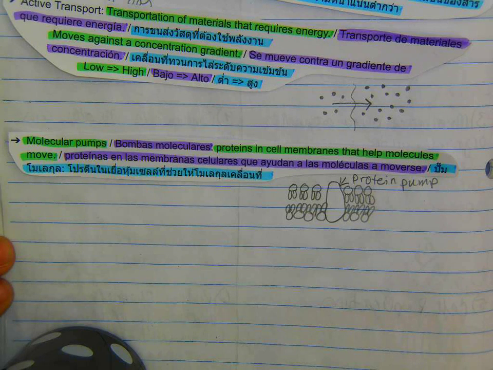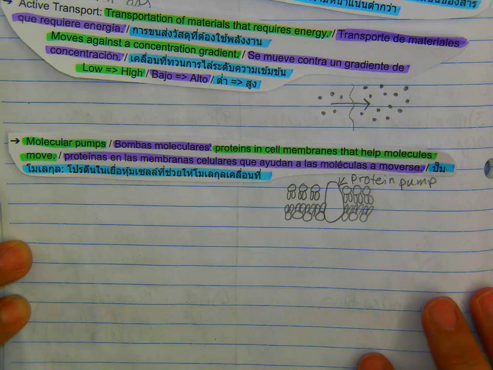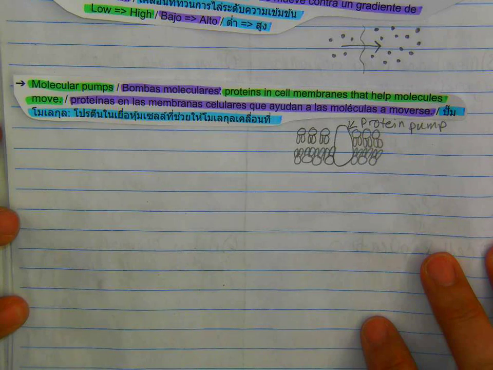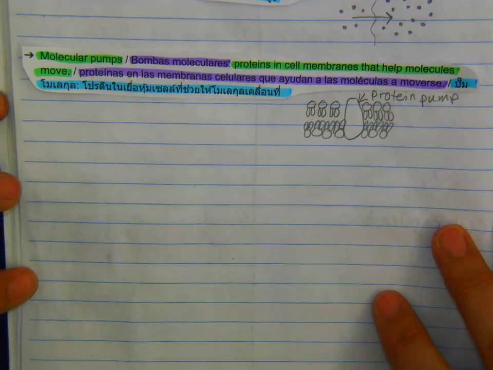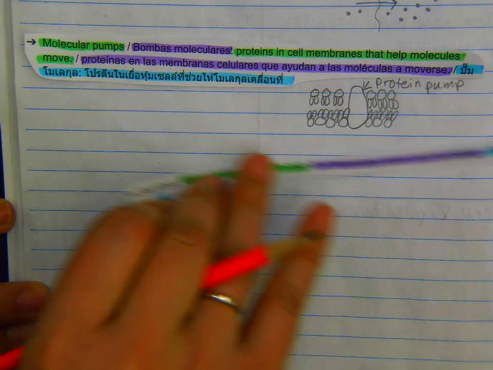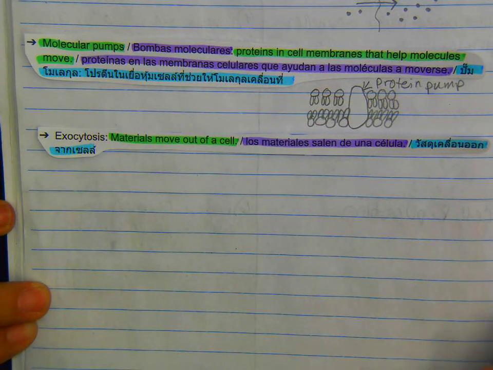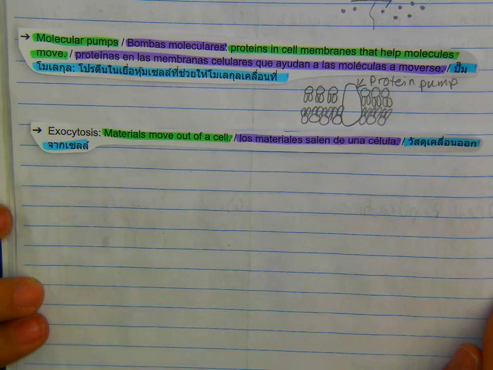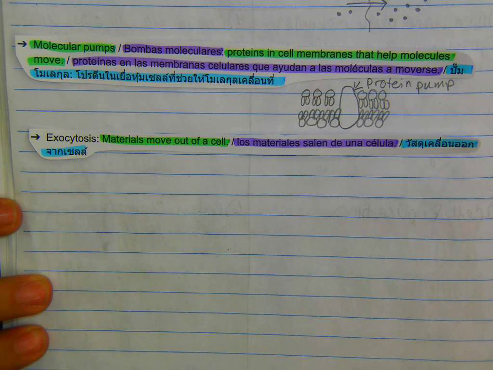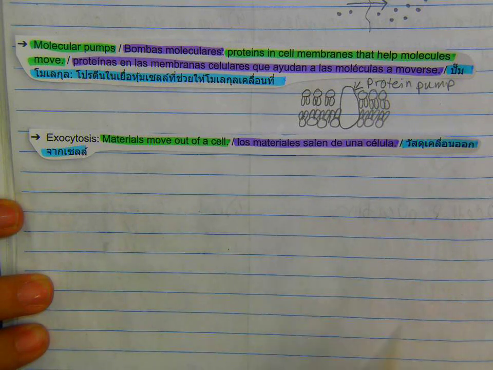Other types of active transport include endocytosis and exocytosis. And these are basically opposites of each other and work pretty simply like this. Let's start with exocytosis. So this is when materials move out of a cell. So just like exit is to go out of a space, maybe you exit your classroom or you exit your house, exocytosis is materials move out of a cell.